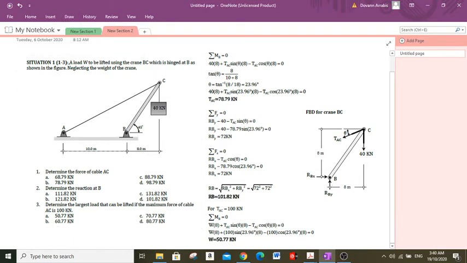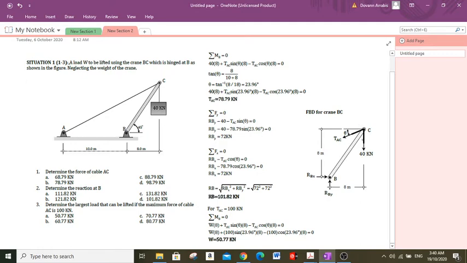Since point B is an external connection, we have reactions, the vertical and horizontal components, RBY and RBX. And because AC is a cable, automatically the direction of this tensile force is always away from the point of connection.